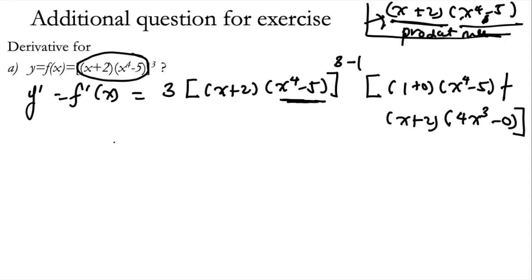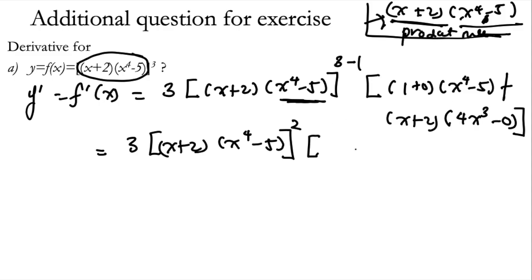Now, second line, 3 times x plus 2 times x to the power 4 minus 5, this becomes squared, isn't it? Now, this one becomes 1 plus 0, 1. 1 times the whole thing here becomes x to the power 4 minus 5, plus.